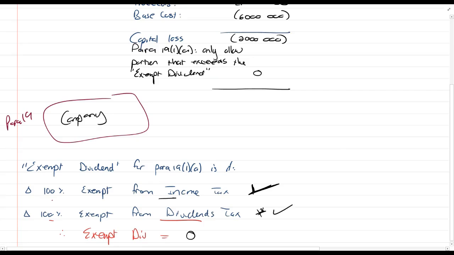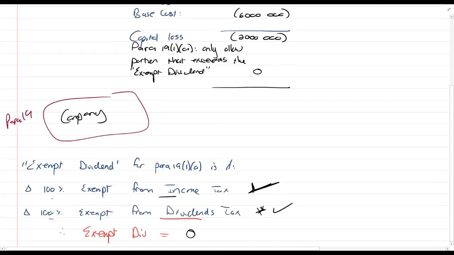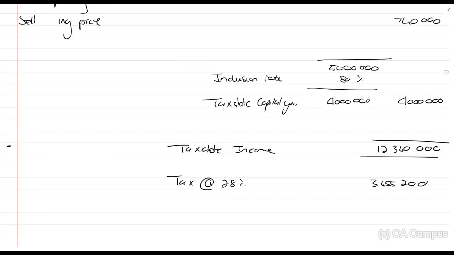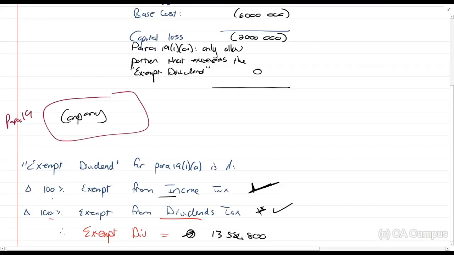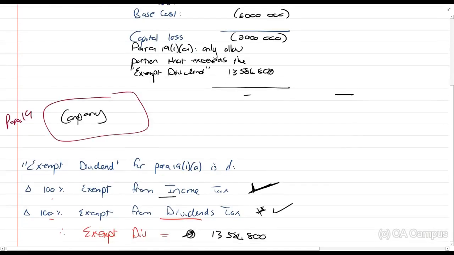So the exempt dividend is 13,584,800. So now we say, how much of that 2 million exceeds 13,584,800? And the answer is nil. So no amount will be allowed to be claimed as a capital loss.